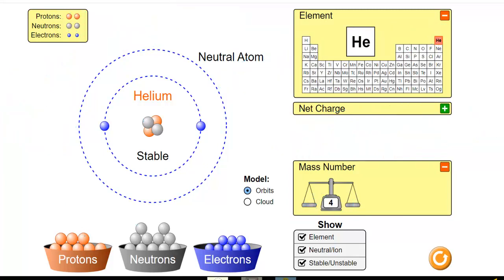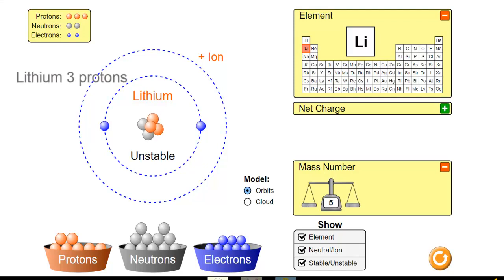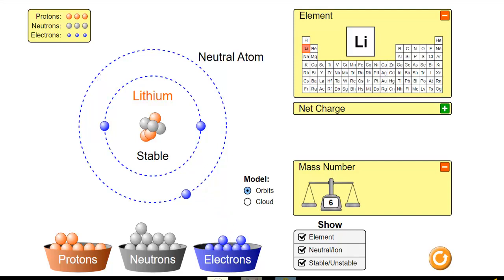Let's add more protons and see what elements we will have. With 3, we'll have lithium, but again, it's unstable, which means we need more neutrons. So lithium has 3 protons plus 3 neutrons, and of course it's going to have 3 electrons.